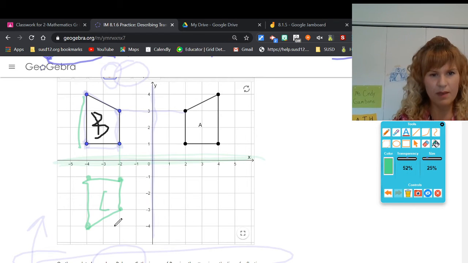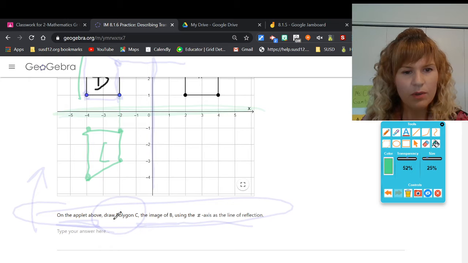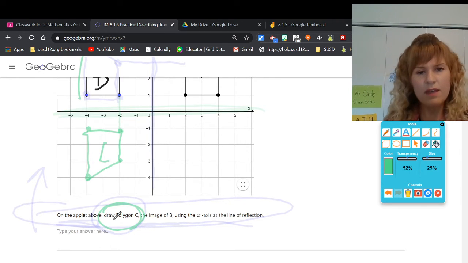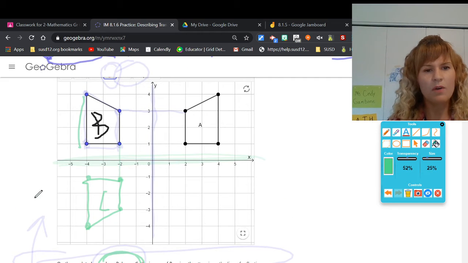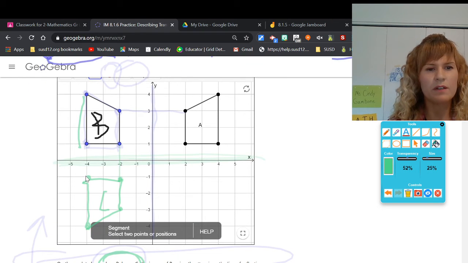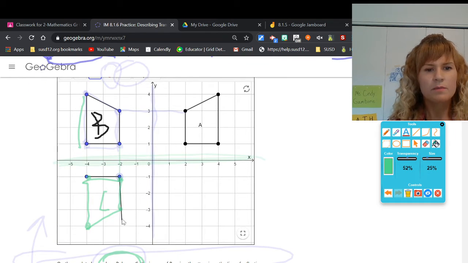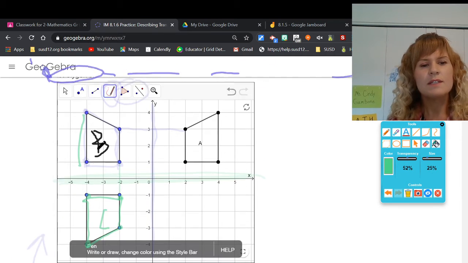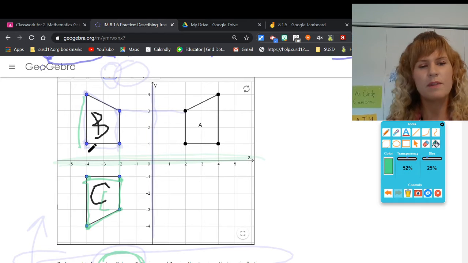There's the image of B. The directions told me draw polygon C, the image of B. So I'm going to label that C. Let me use the Geogebra line segment tool to make it look a little cleaner. Here is the image of B, polygon C. I'll label that C. Okay, good job, guys.